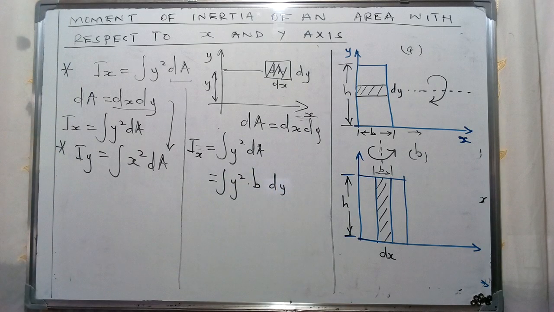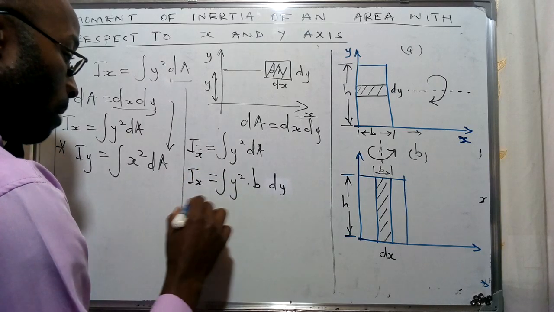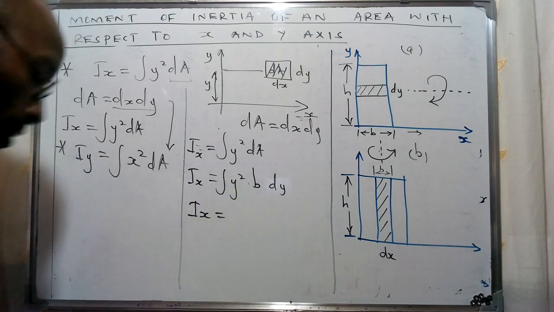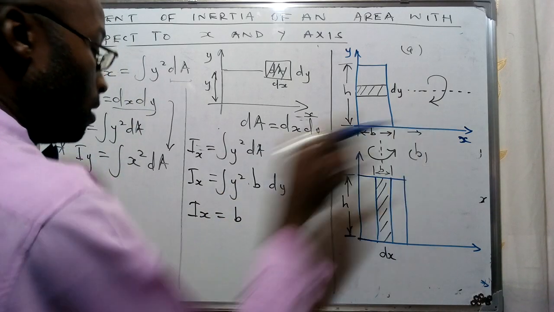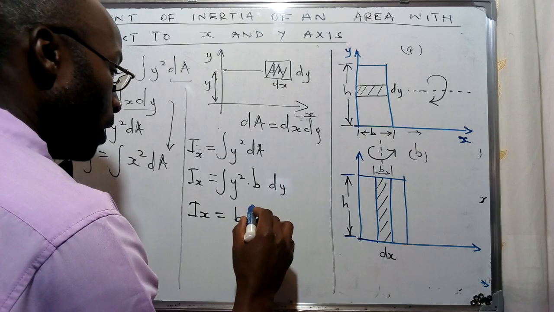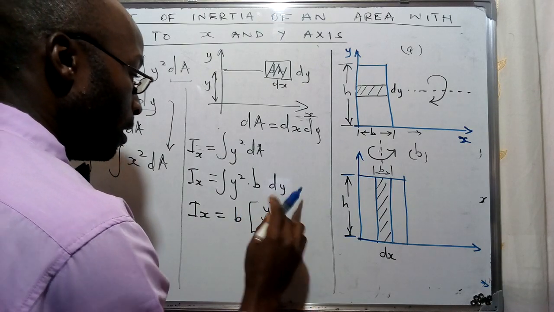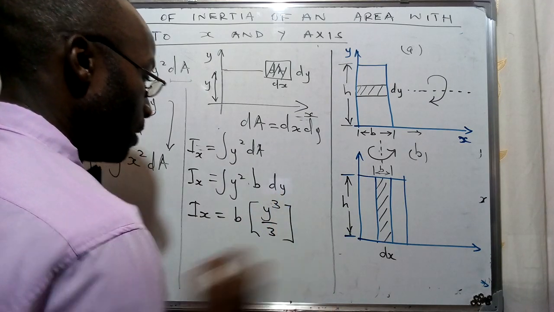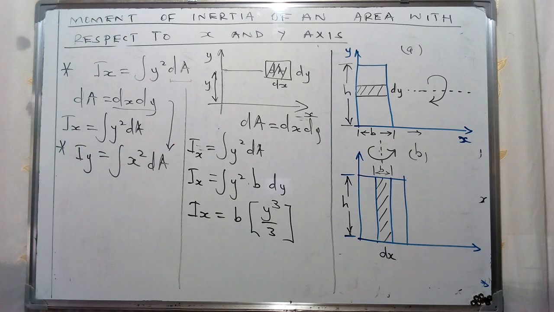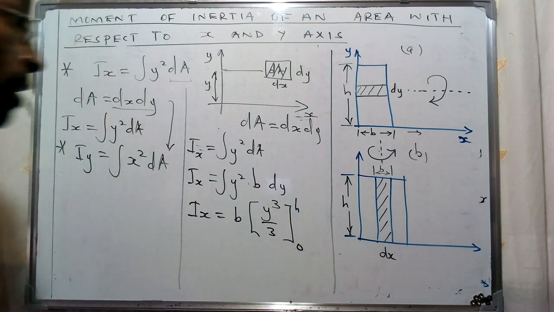So for us to find this moment of inertia, we are going to perform an integration, whereby the moment of inertia along the x-axis can be given in terms of b, which is going to be a constant in this case, and then we are going to do the integral of y, which is going to be y to the power 3, from 0 to h, given as such.